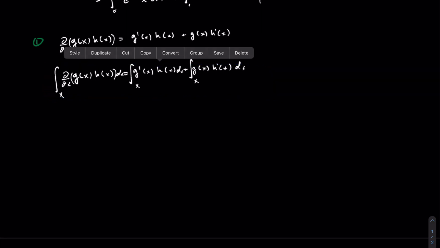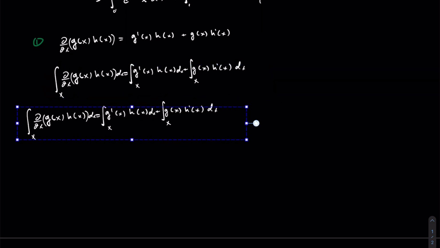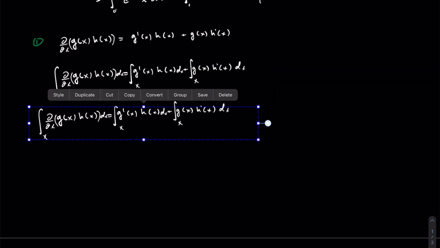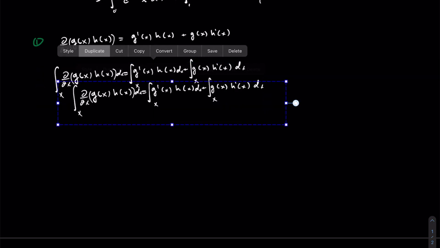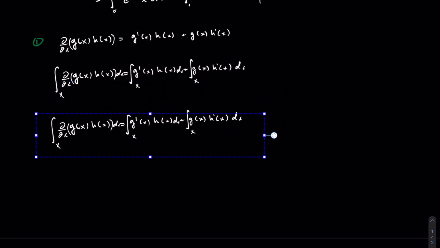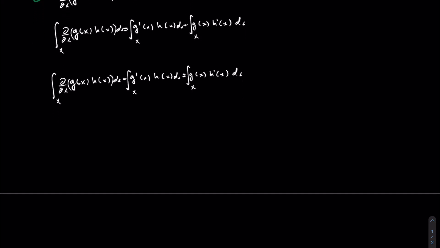So I'm just going to copy this, duplicate like that. And now, because we move this to the left hand side, we just take a minus, and that is now an equal sign, like that.